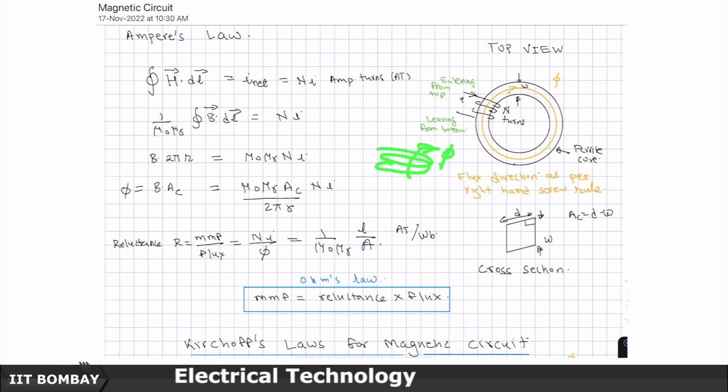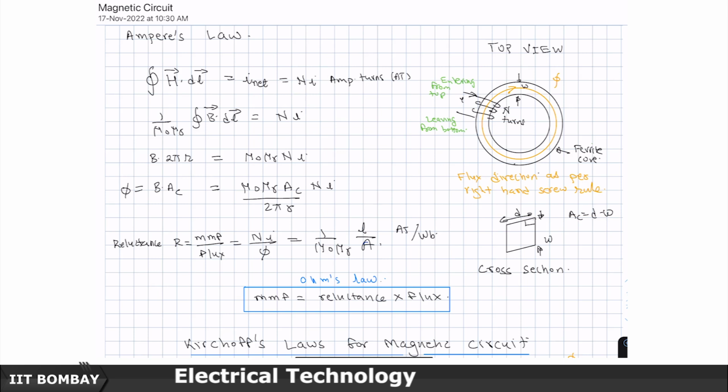If I replicate n number of turns like this, then each one of them will cause the flux to increase, and superposition therefore says that the flux which will be set up in the core would be n times phi, which is also called magnetic flux linkage.